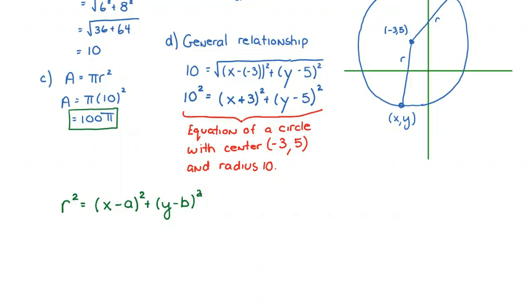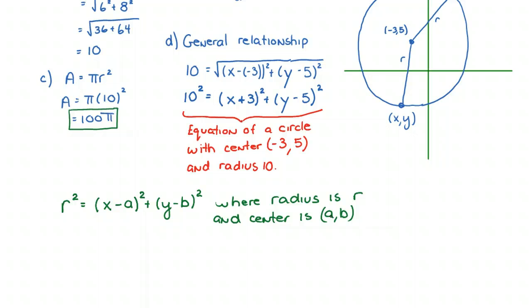This is the equation for a circle where radius is r and center is a, b. So that's the equation of a circle.